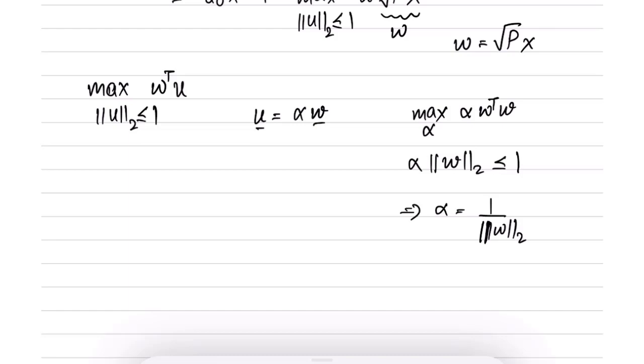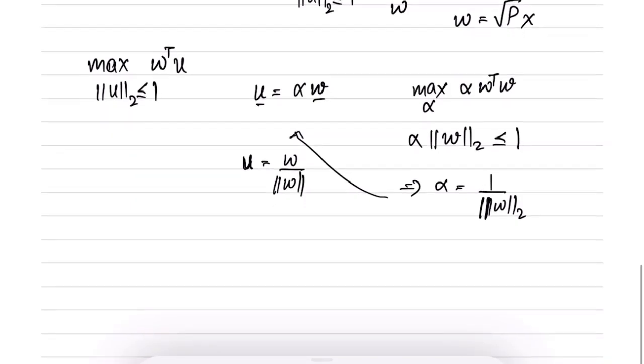So plugging it back, we get that u is equal to w divided by norm of w. Now you can verify, we started with this assumption that u is in this form. If I substitute this u star in the original problem, the value will be given by w transpose w divided by norm of w.